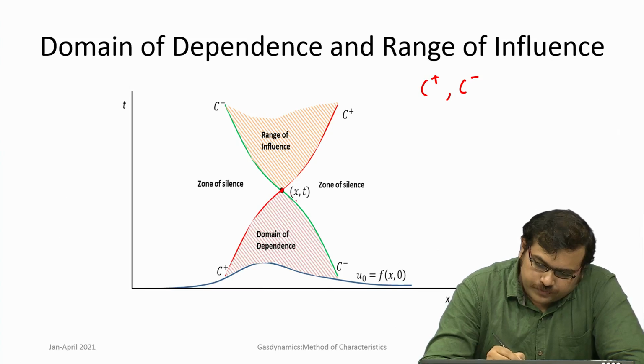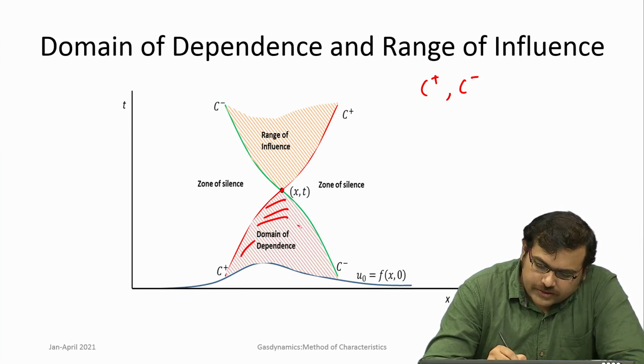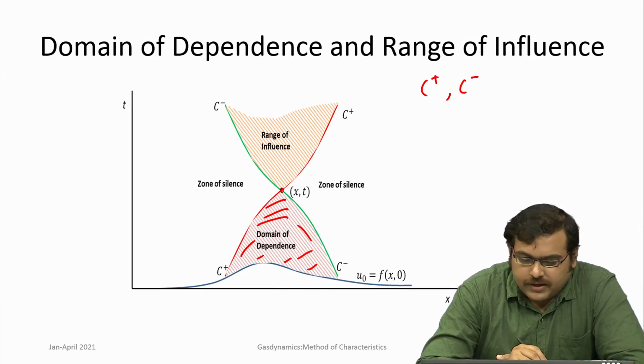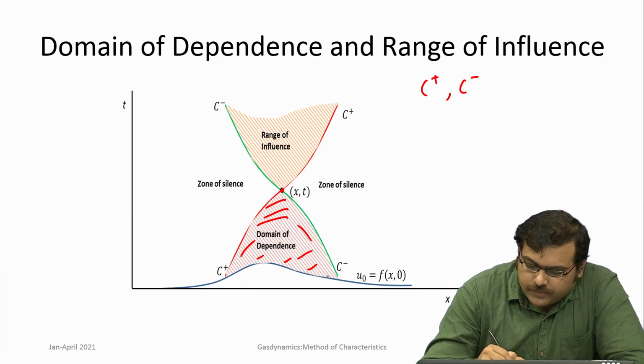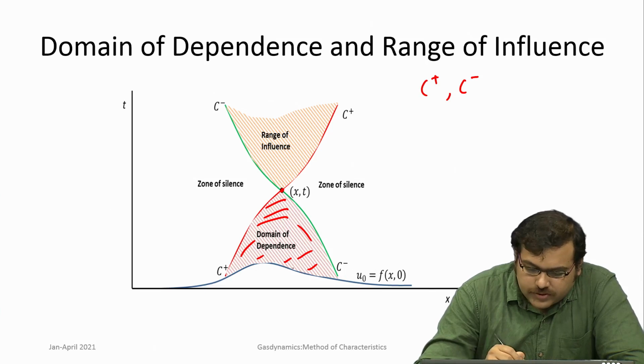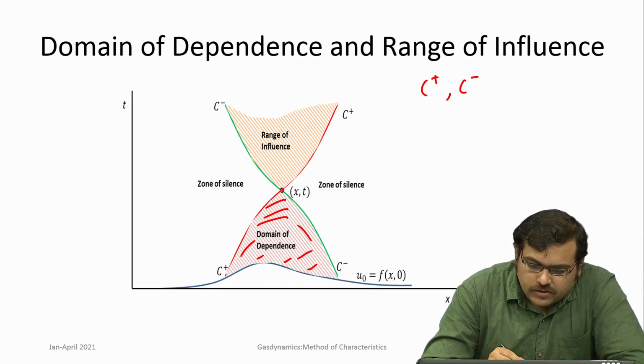So, the region that is bounded by the two characteristics is the region which influences a particular point in the entire solution domain. That region is known as the domain of dependence, that is, this particular point is dependent on the initial values that are within the bounds of the two characteristics which pass through that particular point.